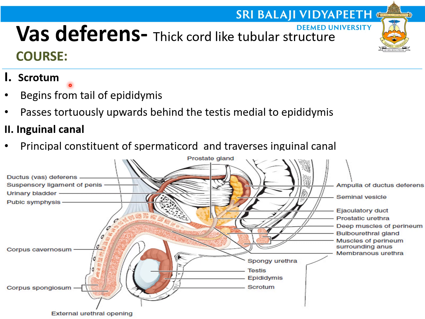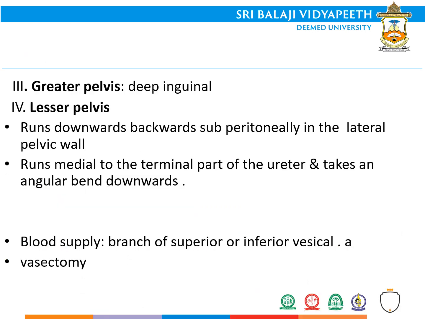In the scrotum, it begins from the tail of the epididymis and tortuously passes upwards behind the medial part of the testis, and then it reaches the inguinal canal, where it is the principal constituent of the spermatic cord. It traverses the inguinal canal.